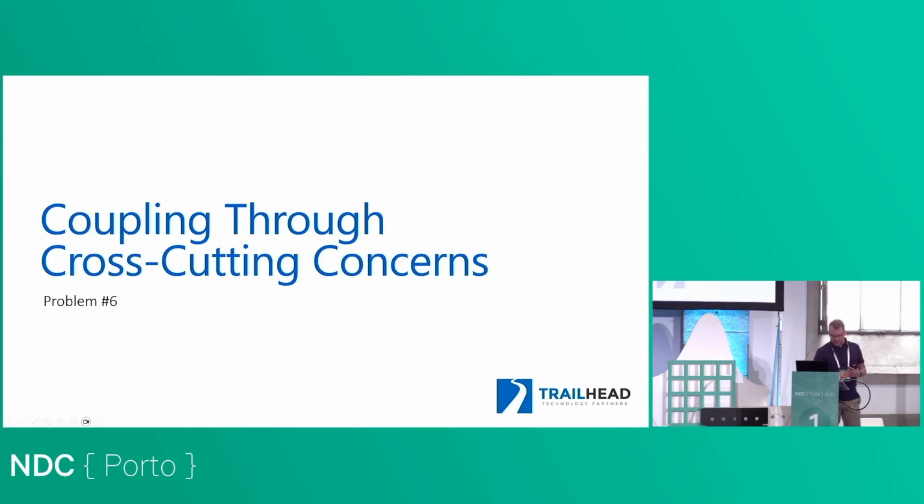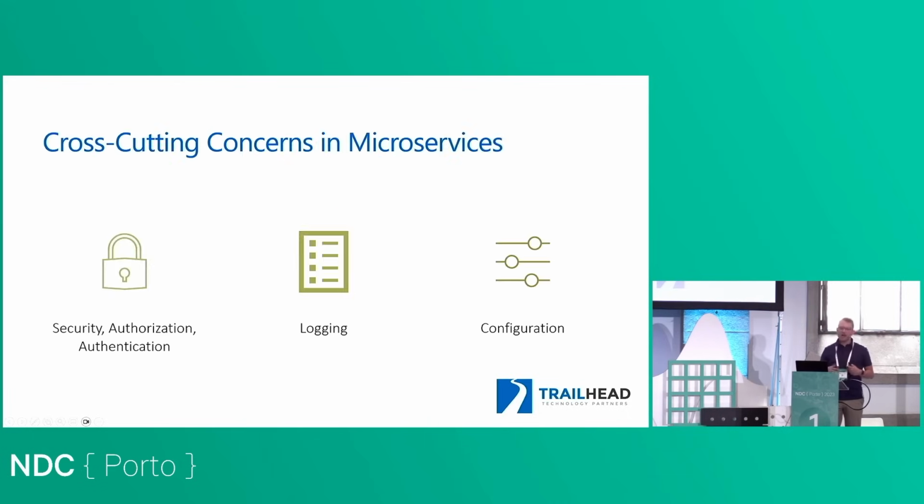Problem number 6 is creating coupling through cross-cutting concerns. Some of the common cross-cutting concerns that microservices have are all of the security or authorization and authentication related things. Logging is a common one.